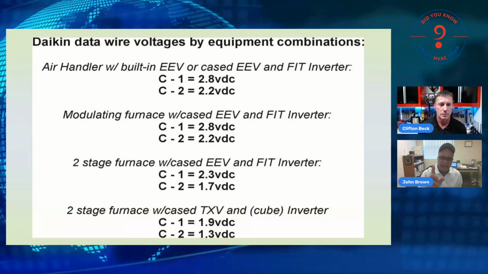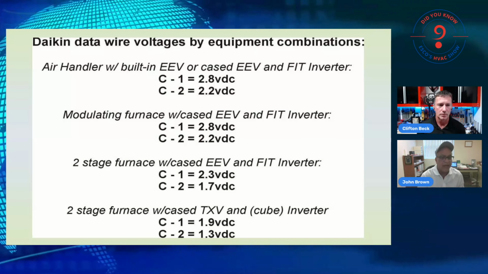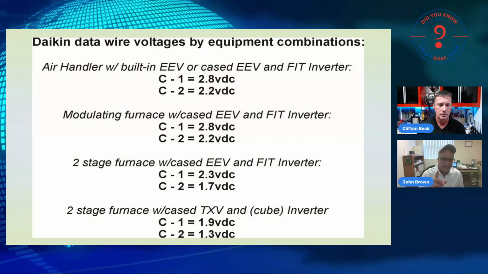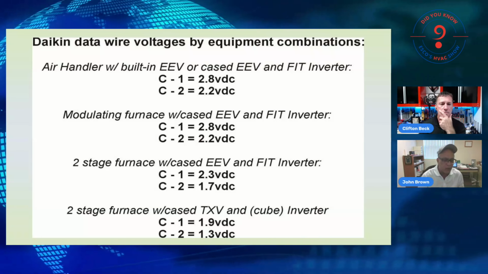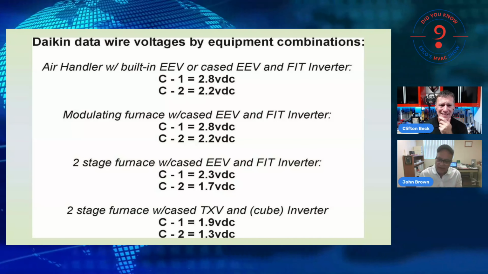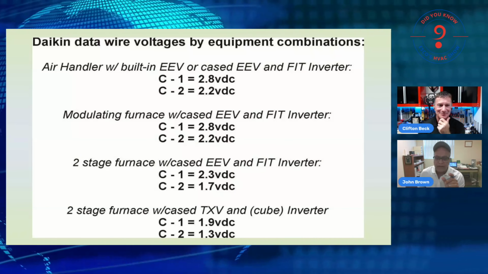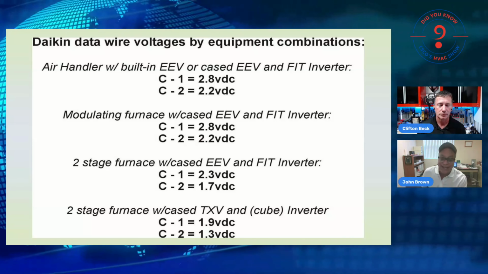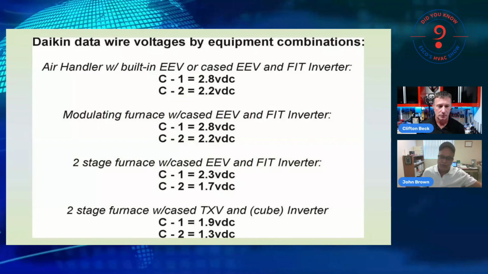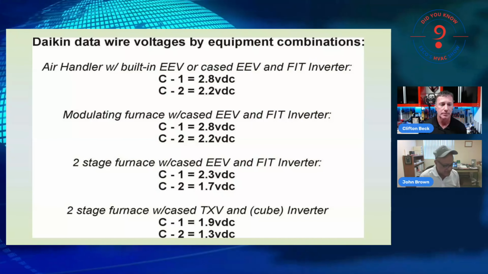This is interesting. A 2-stage furnace with the same cased coil and a FIT inverter, the network data will read 2.3 and 1.7. Now look at the bottom one, a 2-stage furnace with a TXV and the original inverter, like an 18 or 20 SEER conventional.